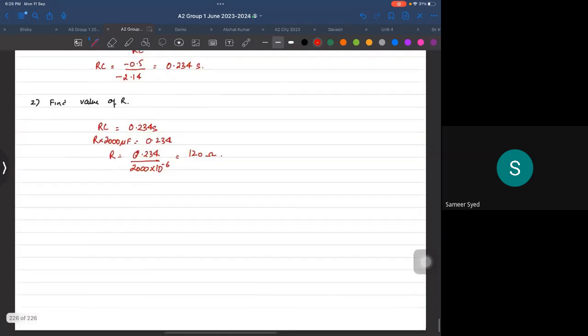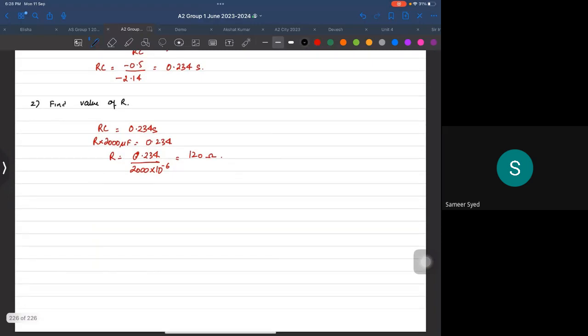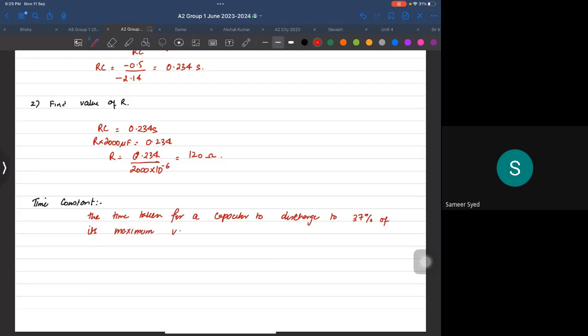Now, the next. There's a very important value that we need to remember, that's called the time constant. Time constant is basically the time taken for a capacitor to discharge to 37% of its maximum value.